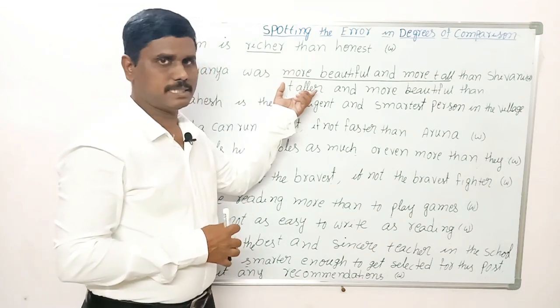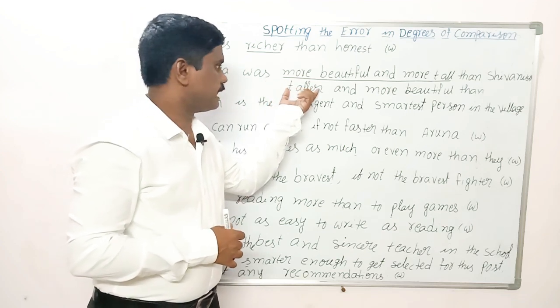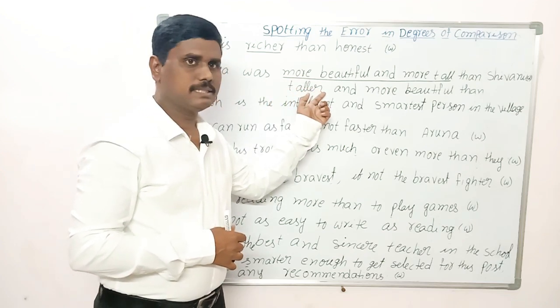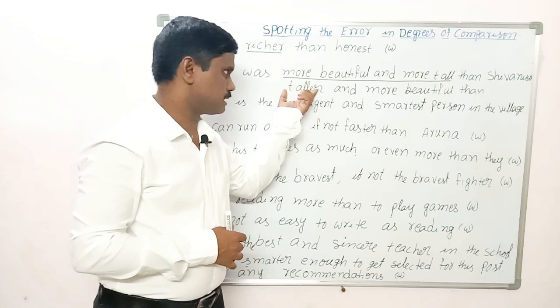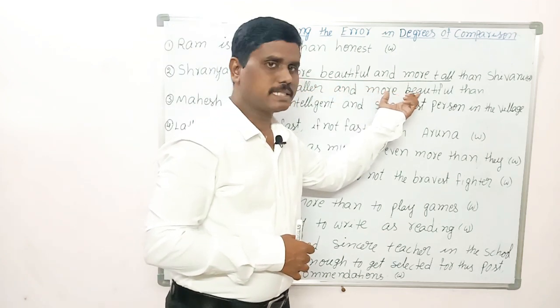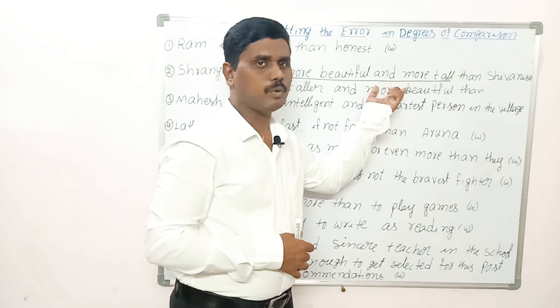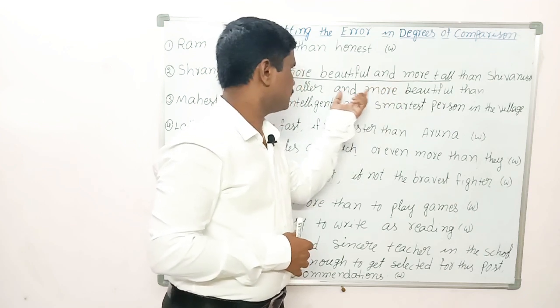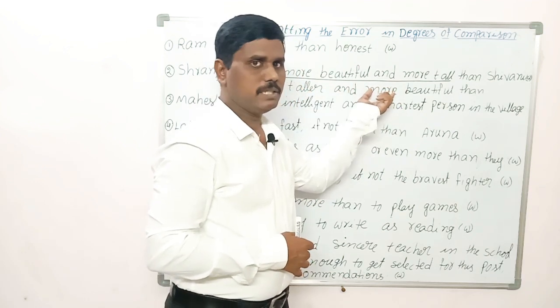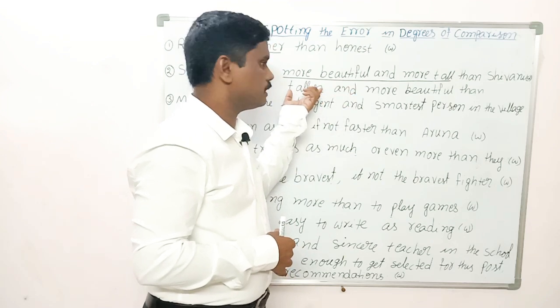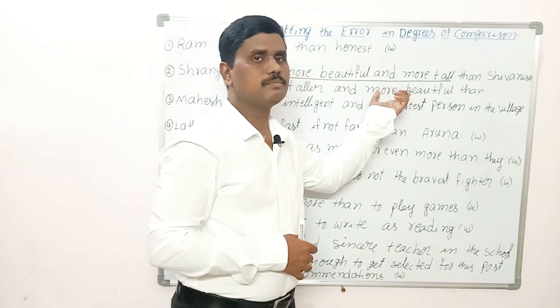So in such cases the order is, first the adjective which takes er, est we have to write first. Then we write the adjective which takes more and most. This is comparative degree, that is why here er, here more. For example, in superlative degree, here we write est and here we write most.